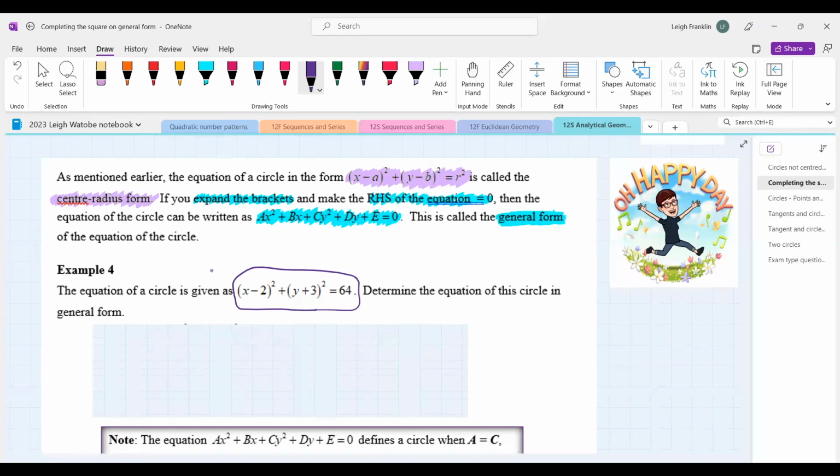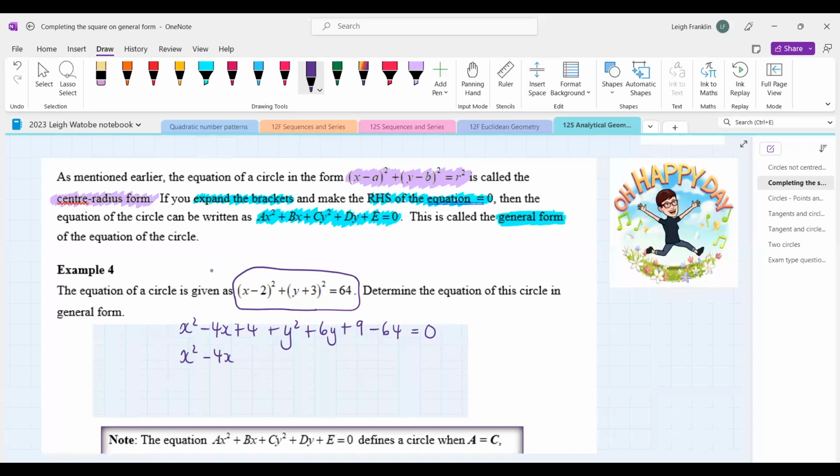We would first square our first binomial, and we would end up with x squared minus 4x plus 4. When we square our second bracket, we would end up with y squared plus 6y plus 9. We're going to bring the 64 over from the other side, remembering to change its sign, so we would end up with that. Okay, there are no other x squareds in the equation, so x squared would be on its own.